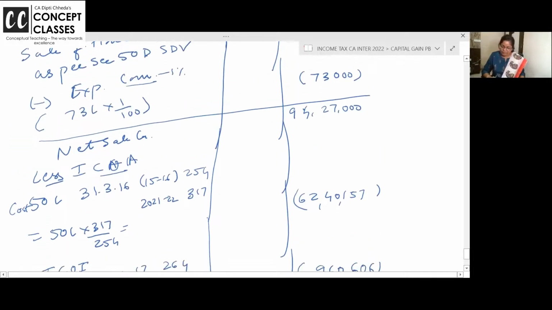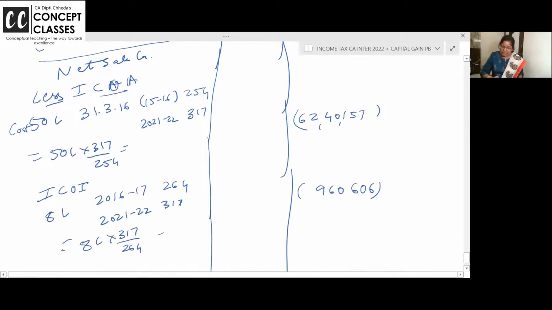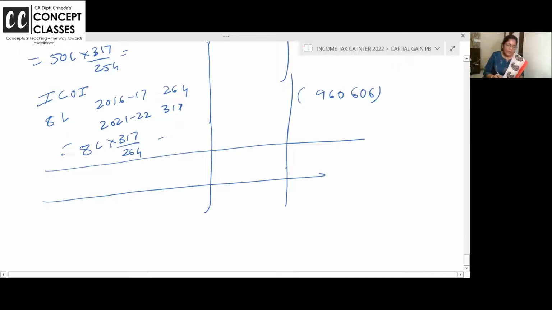9,60,606. Correct hai? Sale consideration, we took stamp duty, expenses 1% of actual sale consideration, index cost of acquisition, index cost of improvement, and that will give you long-term capital gain. Kitna aa raha hai?